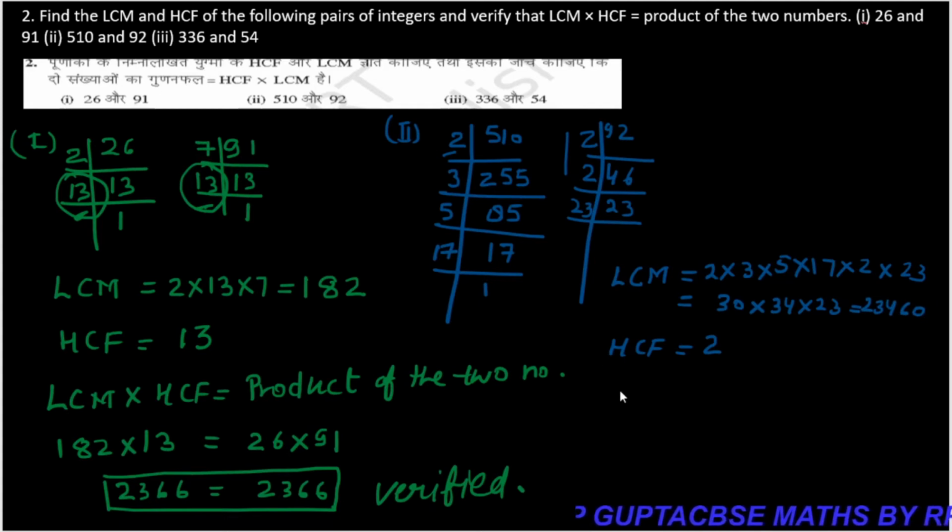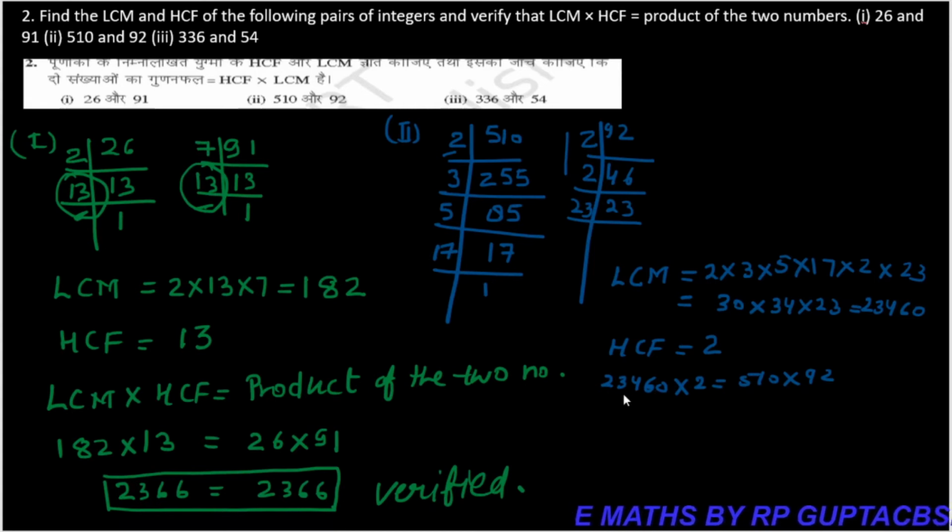So now again I will apply the same formula, that is, LCM into HCF is equal to the product of the two numbers. Let me tell you, you can do it very easily. See, 23460 into 2 is equal to 510 into 92. So what is the multiplication of 23460 into 2?